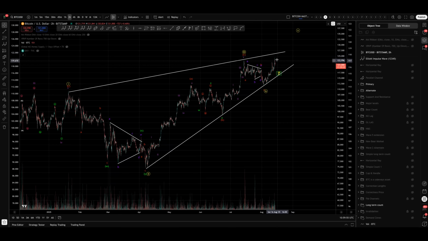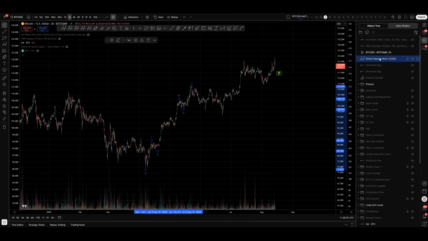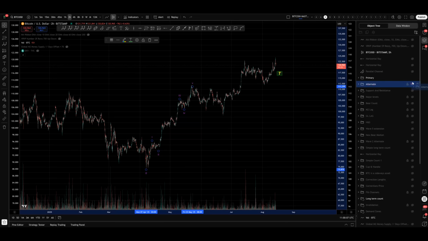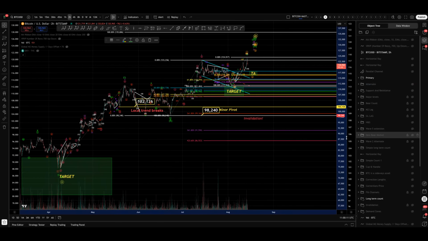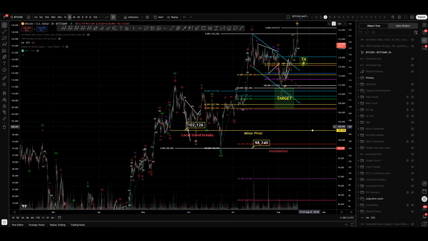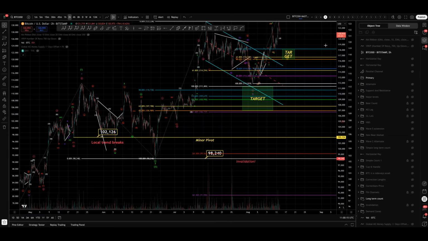What I do know is that the primary count invalidates the previous low of August. So what we'll add, just to be sure, put that in the alternate, bring the primary count back up, and we'll add in an invalidation point at the prior low.